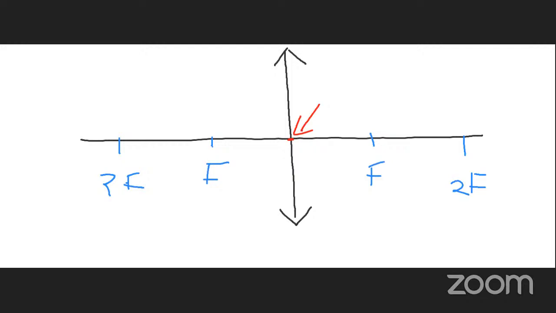We are saying the first principal ray, for the converging lens, which is the convex lens, is a ray parallel and close to the principal axis.